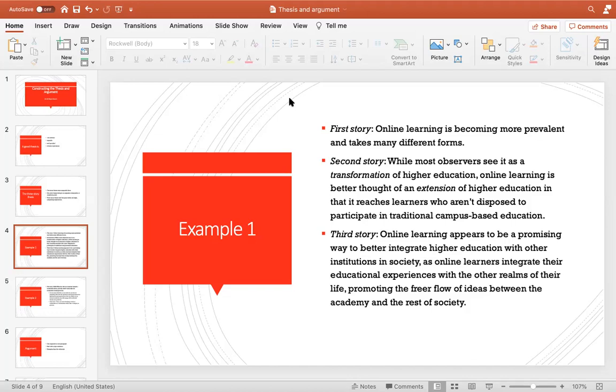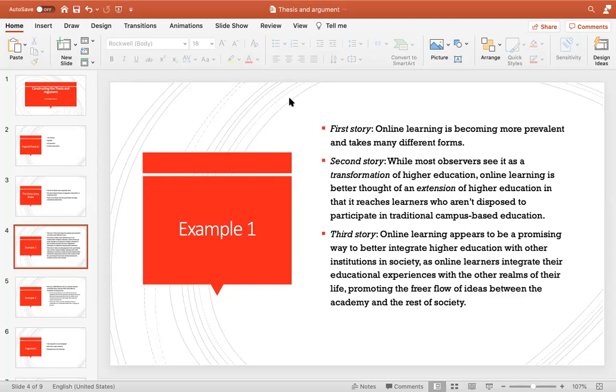So the point is that this thesis statement requires not only arguments but also points towards some implications of online learning. So this last, third thesis statement is called a third story thesis statement.